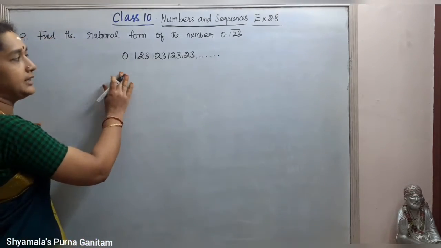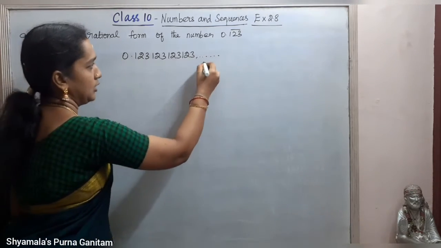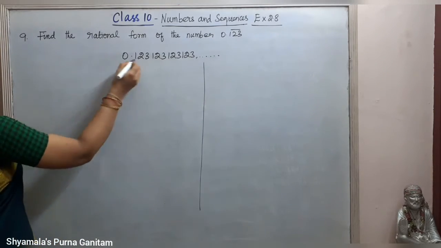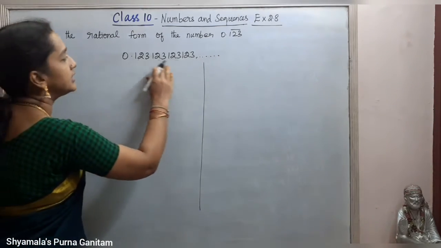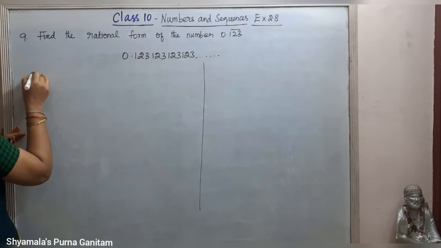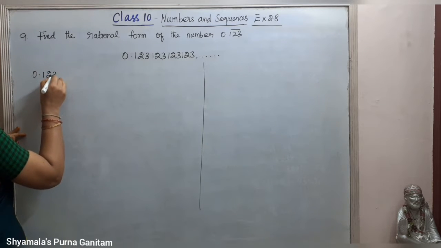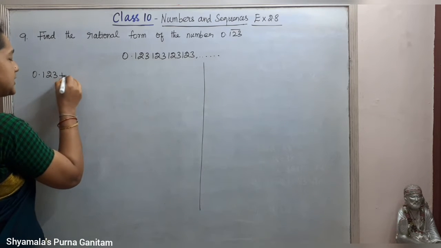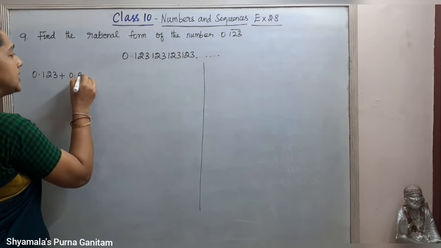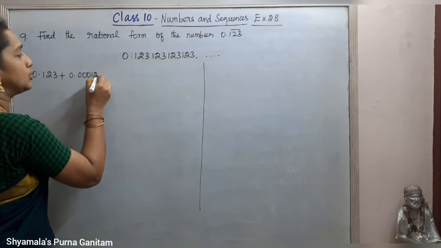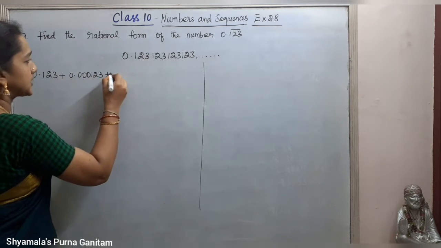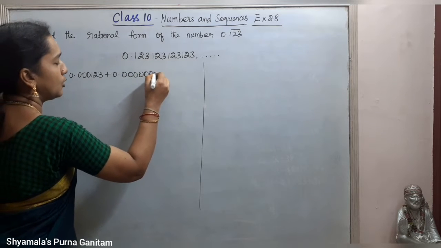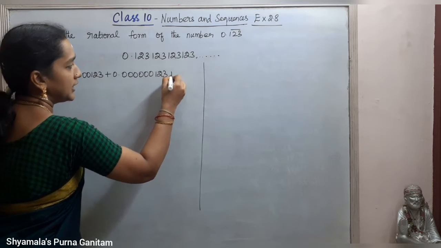For writing the rational form of this number, we will rewrite the given number as 0.123 plus 0.000123 plus 0.000000123 plus, like that.